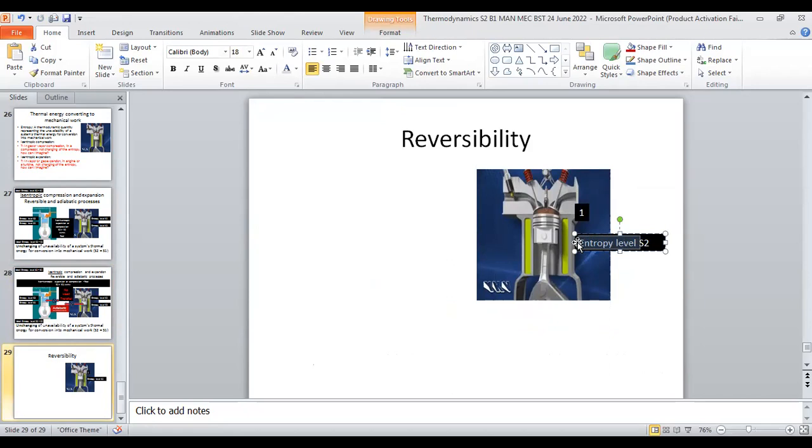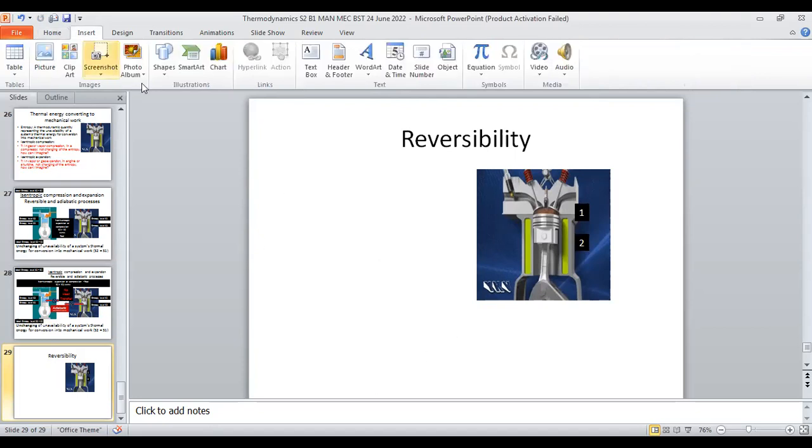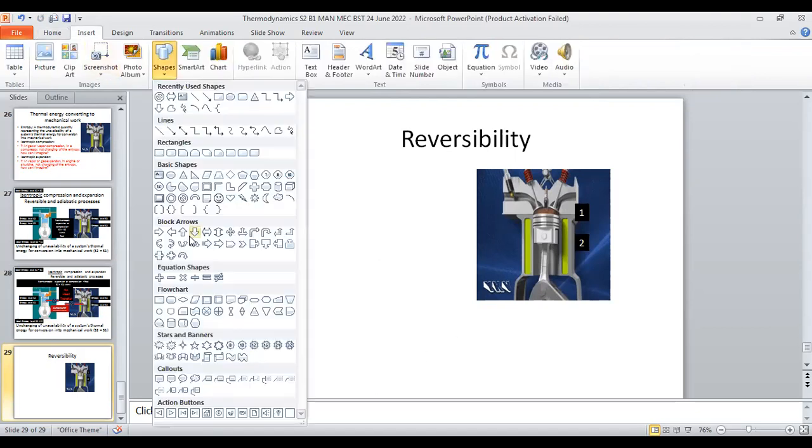After expansion, this would be state 2. Okay. So 1 to 2 change is something gradually taking place.